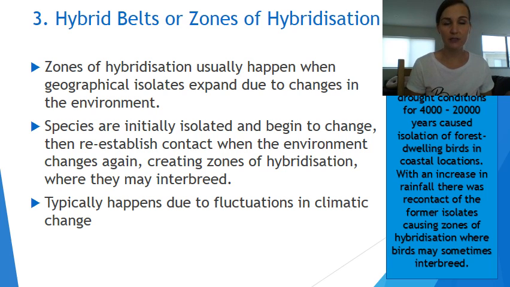But when there was an increase in rainfall, they had these zones where they were living expand, and they had some overlapping, which caused these zones of hybridization. So these birds then would re-establish contact and started interbreeding if they were able to, because remember, two totally different species cannot interbreed. Interbreeding, then causing hybridization to occur.